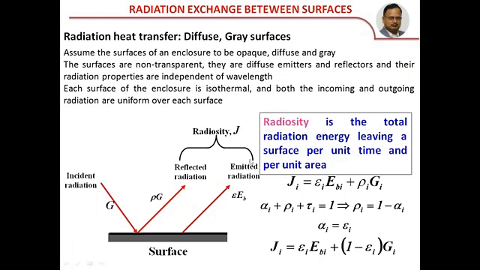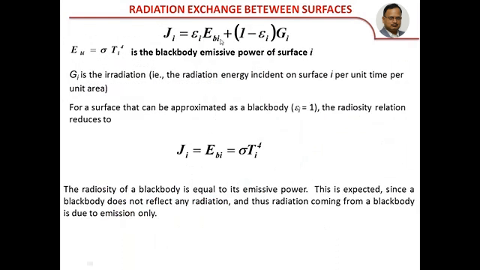So that leads to the radiosity J is equal to epsilon into EB plus (1 minus epsilon) into G. So J is equal to epsilon into EB plus (1 minus epsilon) into G, where EB is sigma T to the power 4, the emissive power of a black body, and G is the irradiation, that is the radiant energy incident on the surface per unit time per unit area.